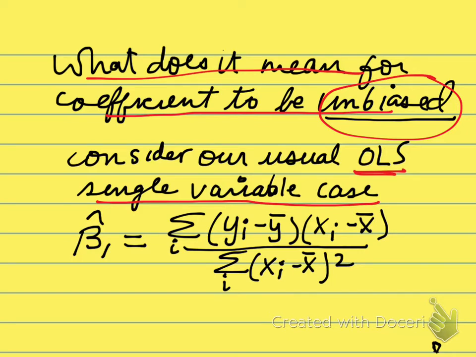So you'll remember that our estimator of the slope coefficient beta 1 hat was given by this formula, the sum of yi minus y bar times xi minus x bar divided by the sum of xi minus x bar squared. And you saw this on your midterm where you calculated the slope coefficient by hand using this formula.